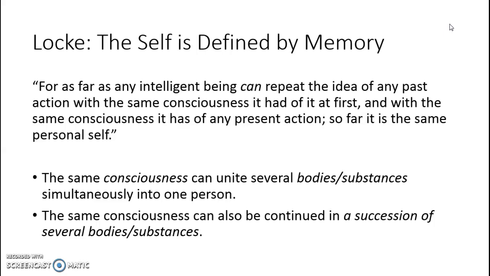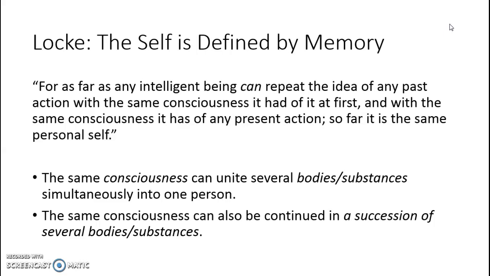According to Locke's view, the same consciousness can unite several bodies or several substances simultaneously into one person. So, for example, right now I'm conscious of feeling in my fingertips and in my toes, right? And those are like two different body parts, but they're united into one person by my consciousness of them simultaneously.